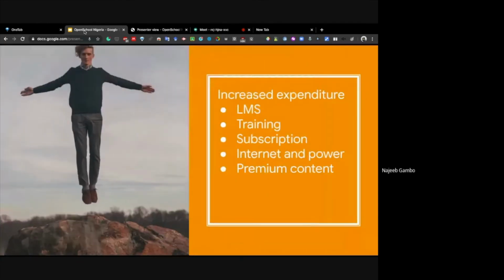So these are some of the challenges school proprietors face. I believe it's going to be something between the school management and the parents. They will say we are being overstretched. But this is the reality if we really want to teach our students. So we have to build all this into the parents' tuition.